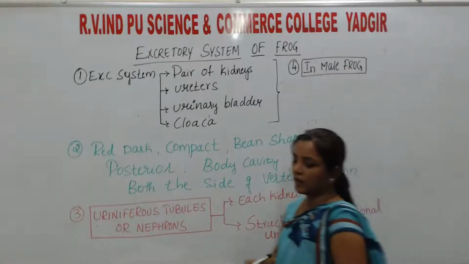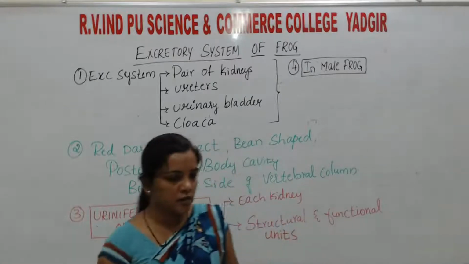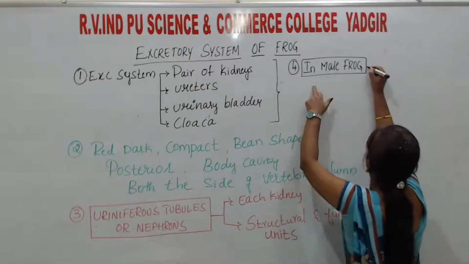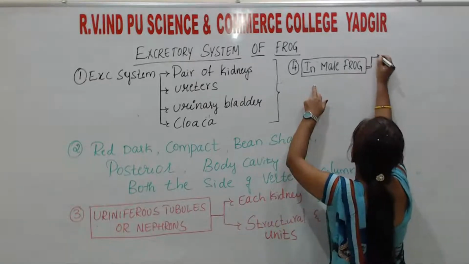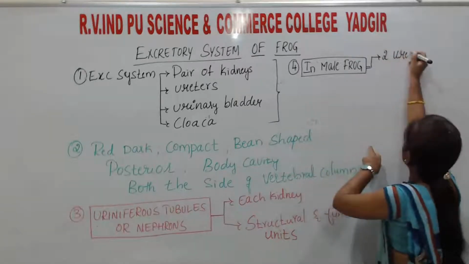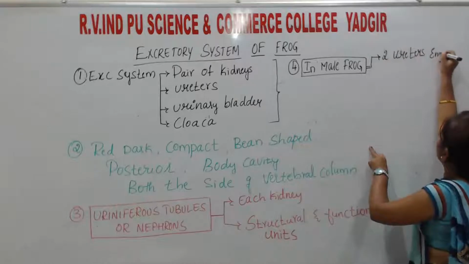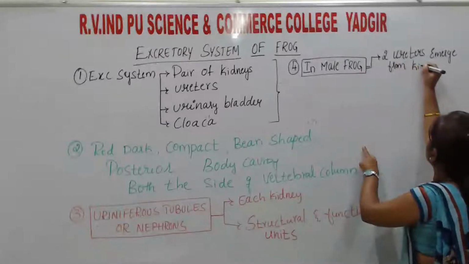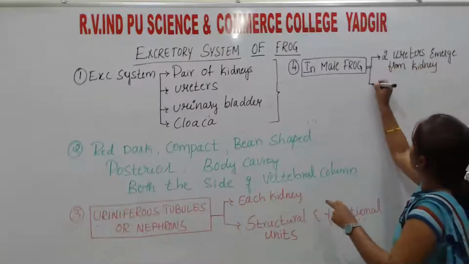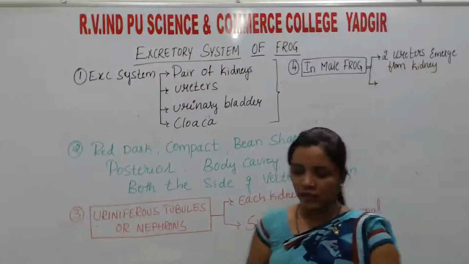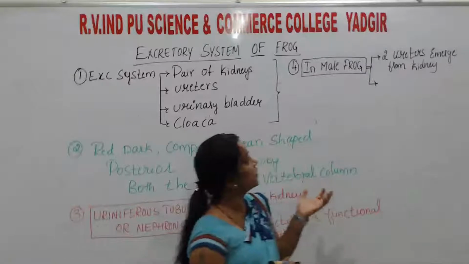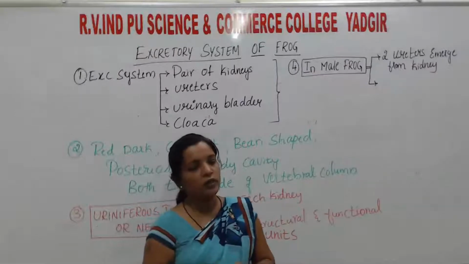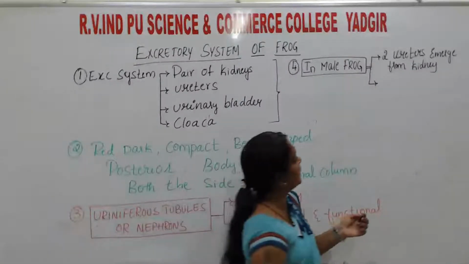Particularly in the male frog, the two ureters emerge from the kidneys, because in the female it is different. They act as a urinogenital duct.